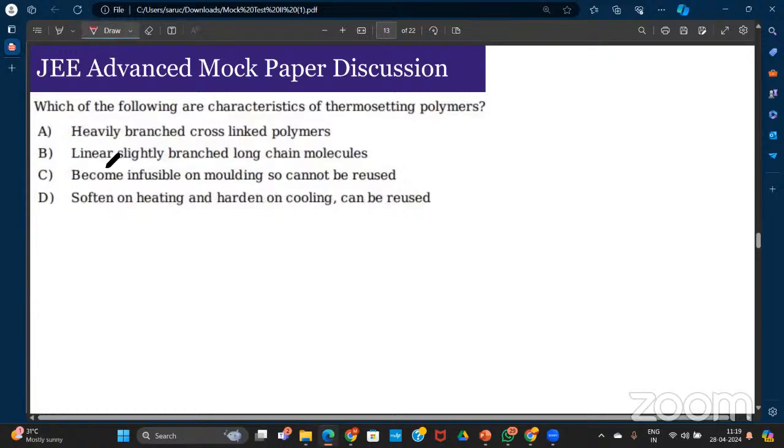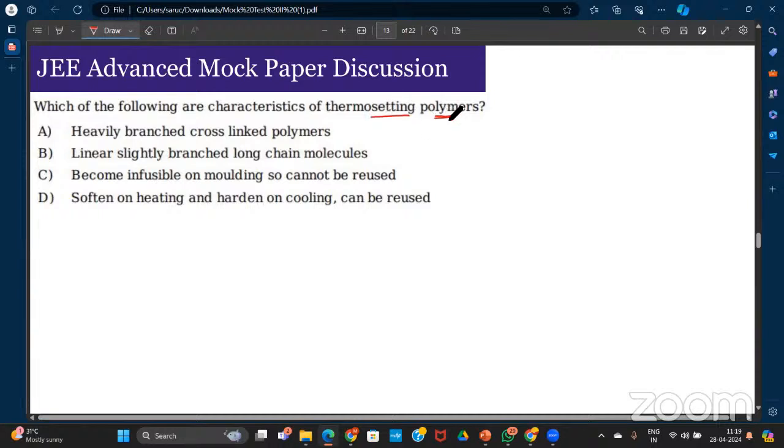Heavily branched cross-linked polymers; linear, slightly branched long-chain molecules; becomes infusible on molding, so cannot be reused; softened on heating and hardened on cooling, it can be reused. So which one is going to be the correct one? Choose the answers.